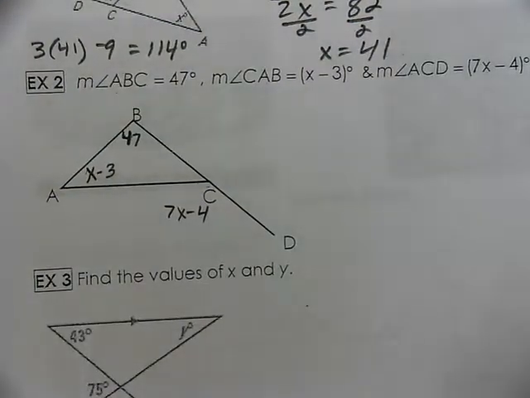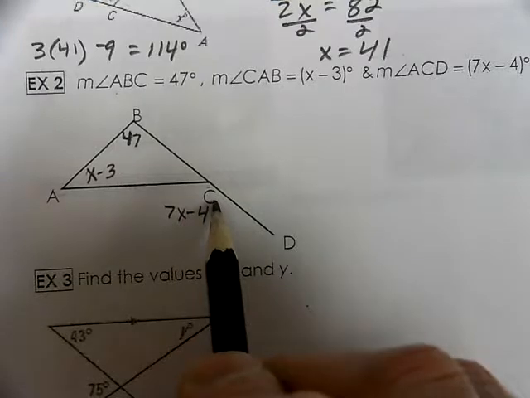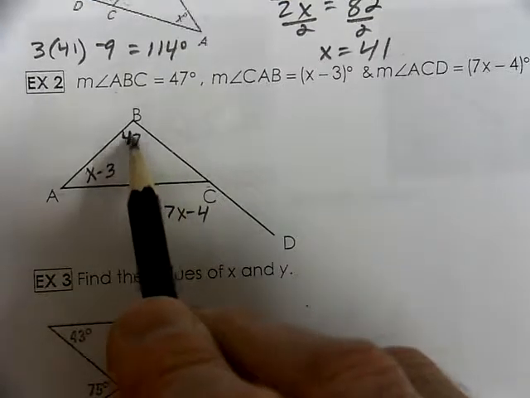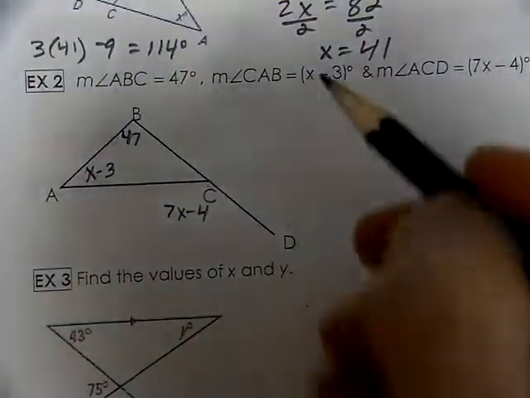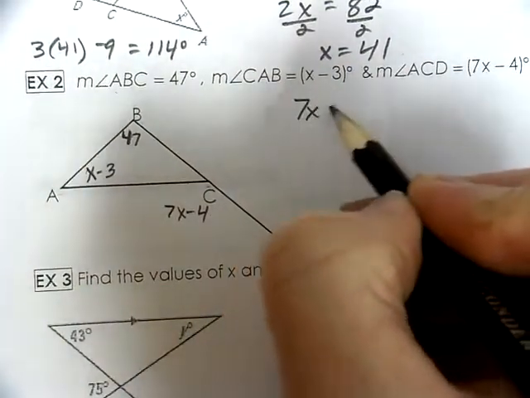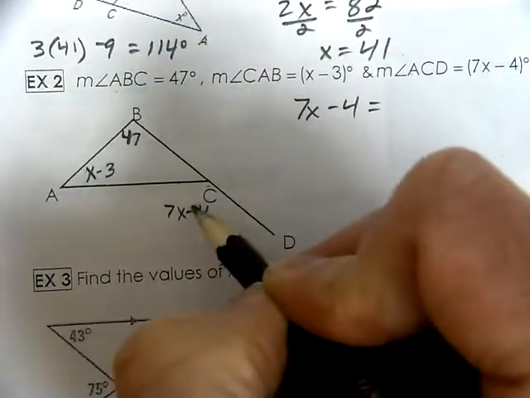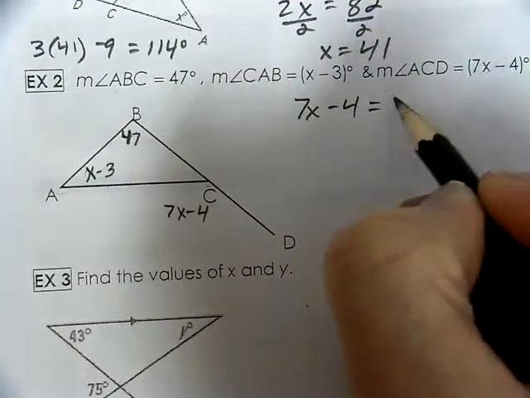Again, using the exterior angle theorem, the exterior angle is going to equal the sum of the two non-adjacent to it. This is called the exterior angle theorem, that 7x minus 4 is going to equal the two angles that are not near this exterior angle.